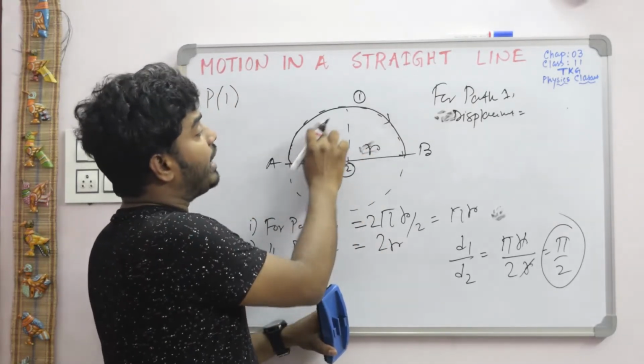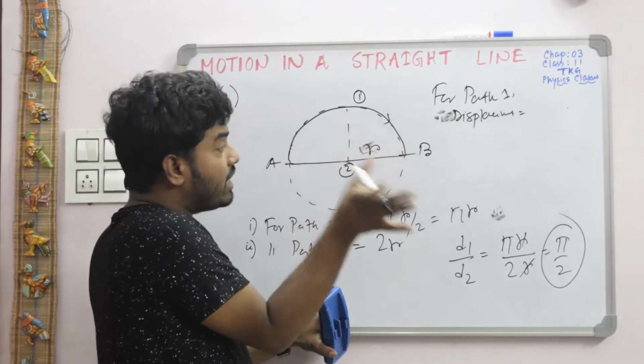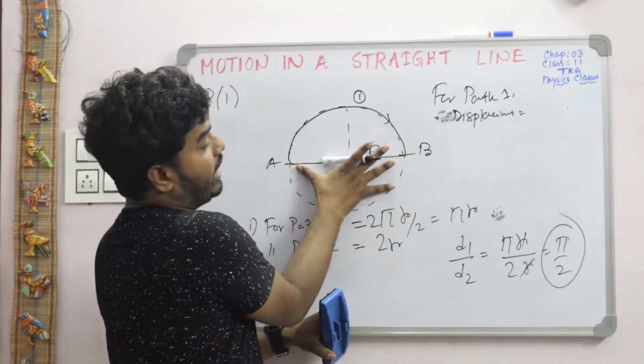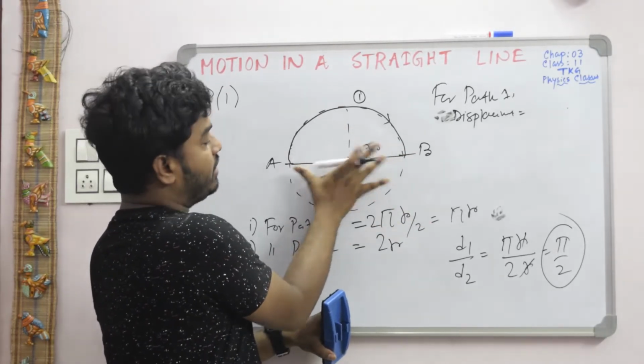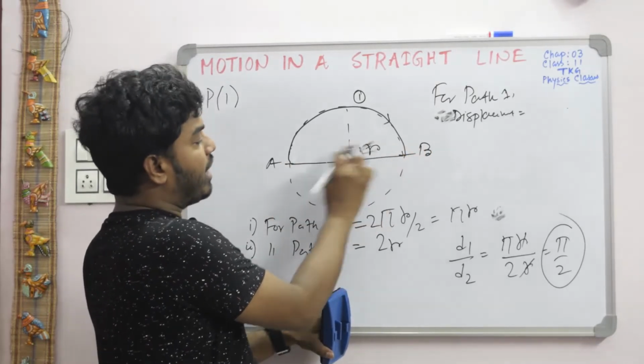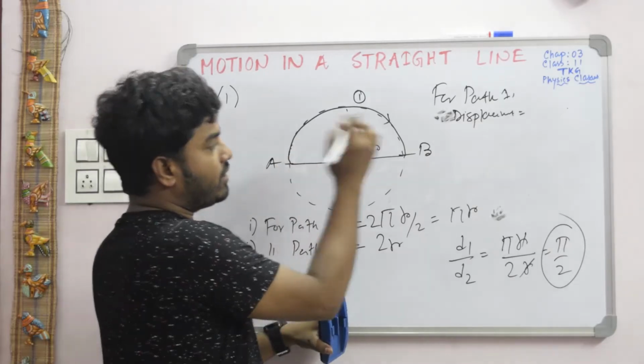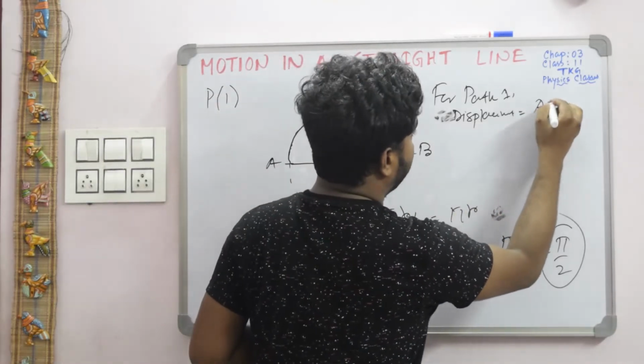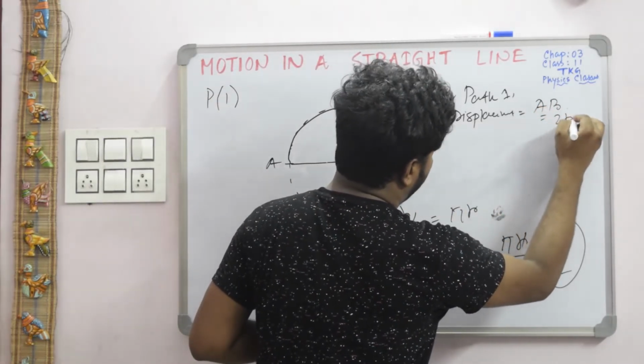So when the body moves from A to B, the shortest path is this straight line AB. This is the initial point, this is the final point, and displacement means final point minus initial point, that is AB, and the AB value is 2r.